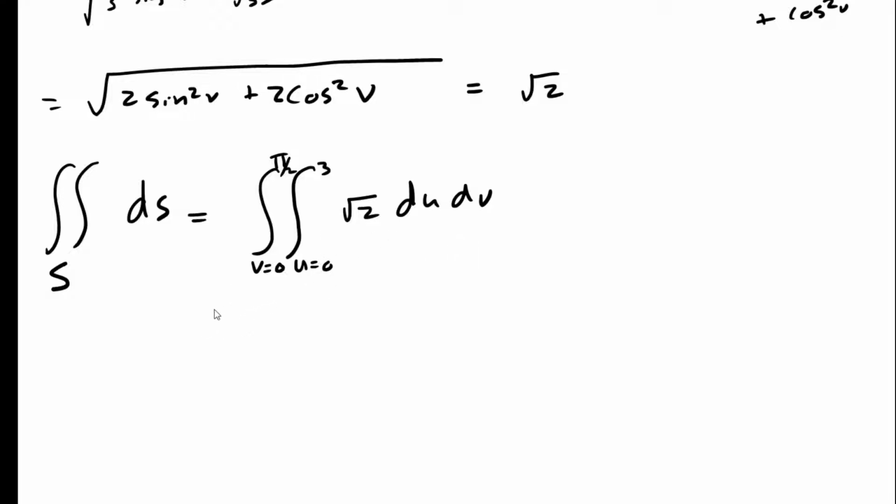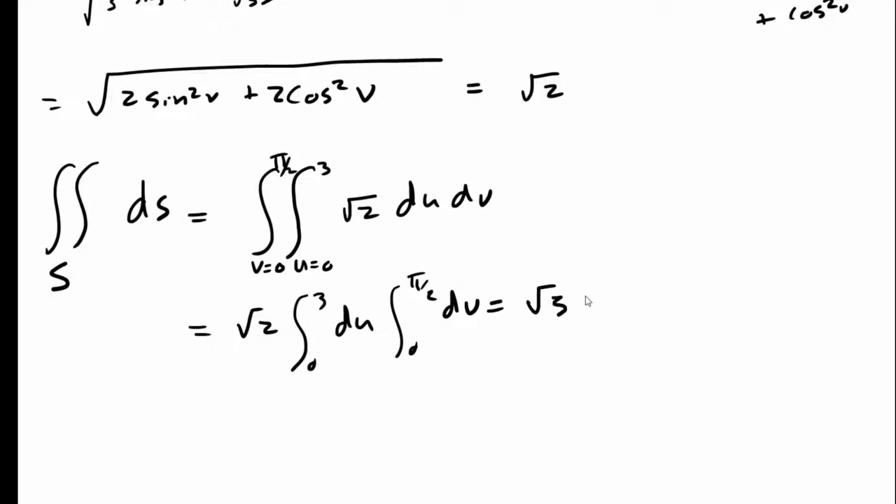So this is separable, so I can write this as root 2 integral 0 to 3 du integral 0 to pi over 2 dv. So this becomes root 2 times 3 times pi over 2, which is equal to 3 pi over root 2.